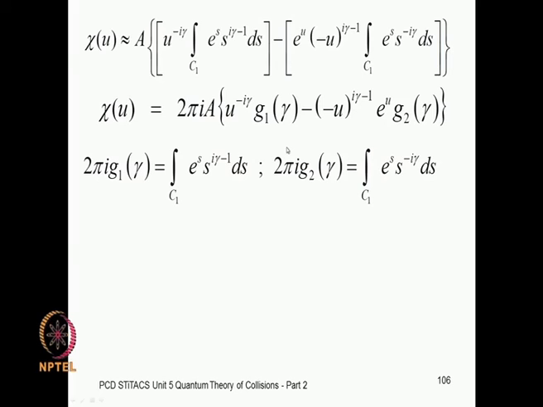Okay. So here you are, and what we do to get a solution in a compact form, and something that we can really discuss easily, is introduce these functions g1 and g2, where these are defined as 2 pi i. G1 is defined by this integral. So instead of this integral I could use 2 pi i g1, and likewise I can use 2 pi i g2 over here.